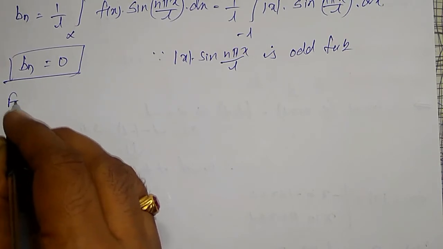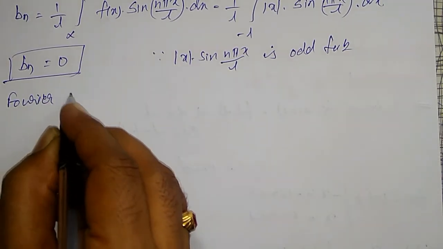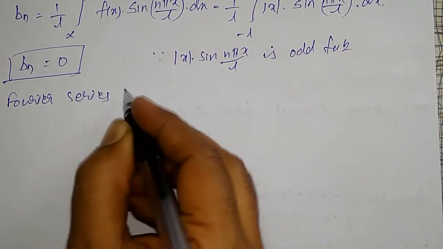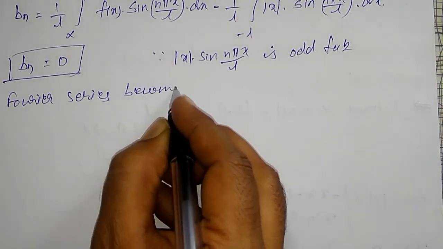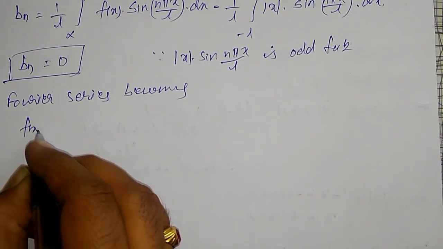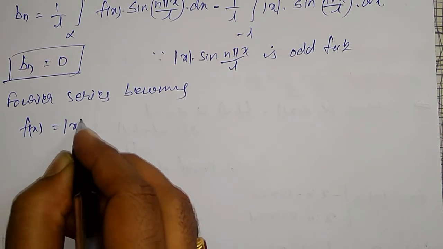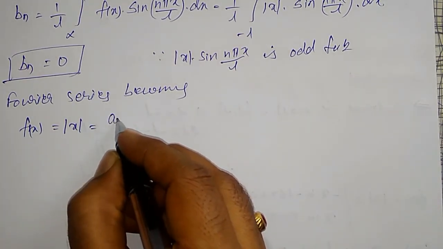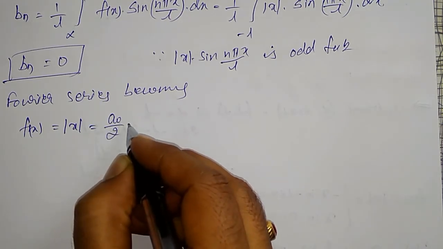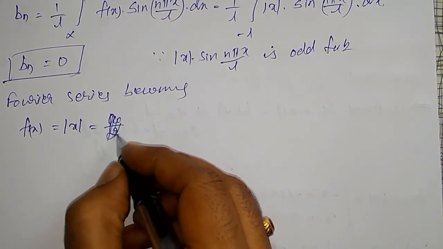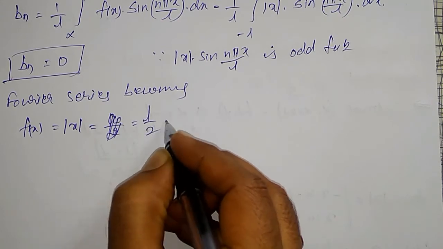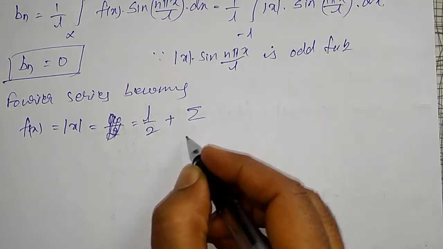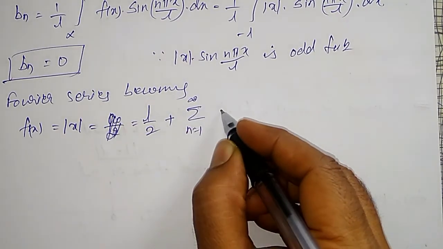Therefore the Fourier series becomes f of x, that is mod x, equal to a naught divided by 2, where a naught is L, that is L divided by 2, plus summation n equal to 1 to infinity An.